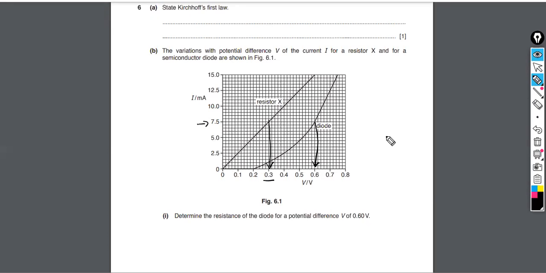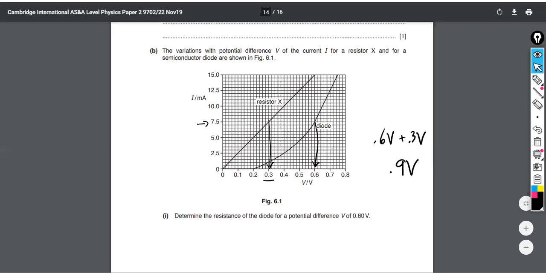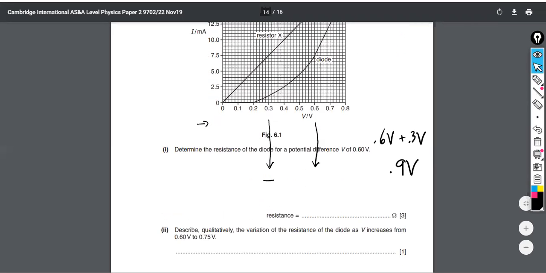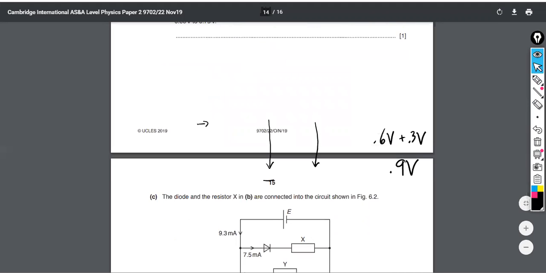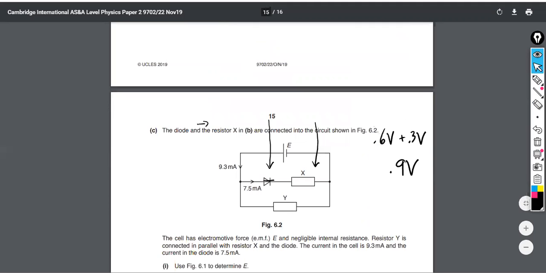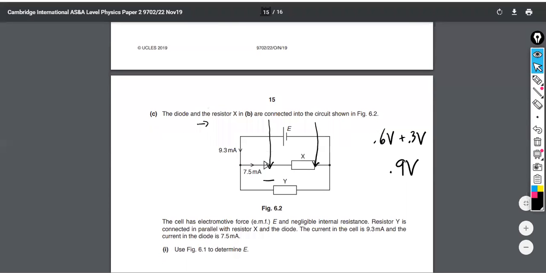So we have 0.6 volts dropping across the diode and 0.3 volts dropping across the resistor, for a total voltage drop of 0.9 volts. And Kirchhoff's second law tells us that the sum of the EMFs equals the sum of the potential differences. What we've calculated off of that figure is the potential difference across the diode and across resistor X, those two that the arrows are pointing to, and they sum to 0.9.